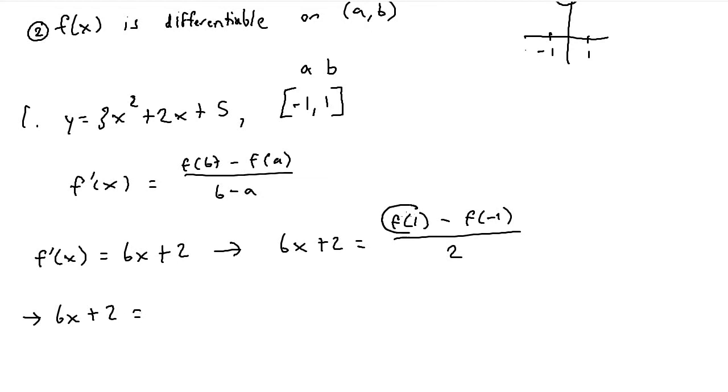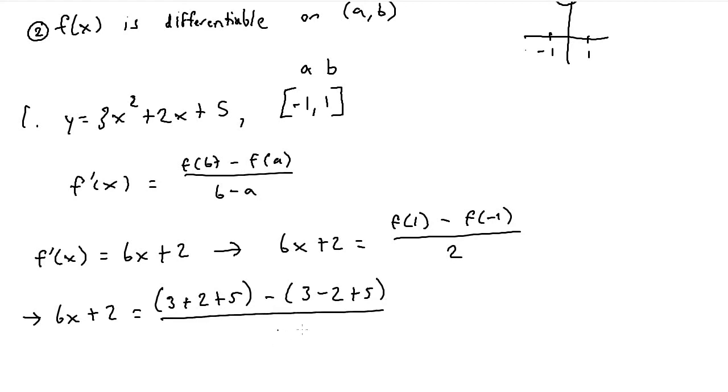And now, in order to find out what f of 1 is equal to, we're going to plug it into the original equation. So when I plug in 1, I'll get 3 times 1 squared, which is just 3, plus 2 times 1, which is 2, plus 5, minus, when I plug in -1 into the original function, I'll get 3 times -1 squared, which is 3 once again, plus 2 times -1, which is -2, plus 5, all over 2.